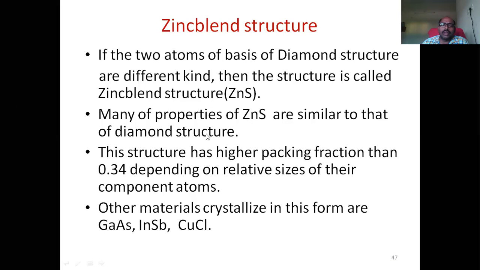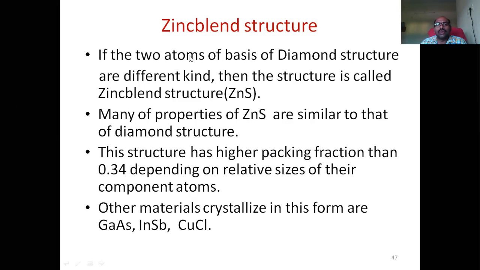Since the structure is same, most of the properties are same as compared to the diamond structure, but some factors are varying. That is, packing fraction is greater than 0.34 depending on relative sizes of their component atoms.